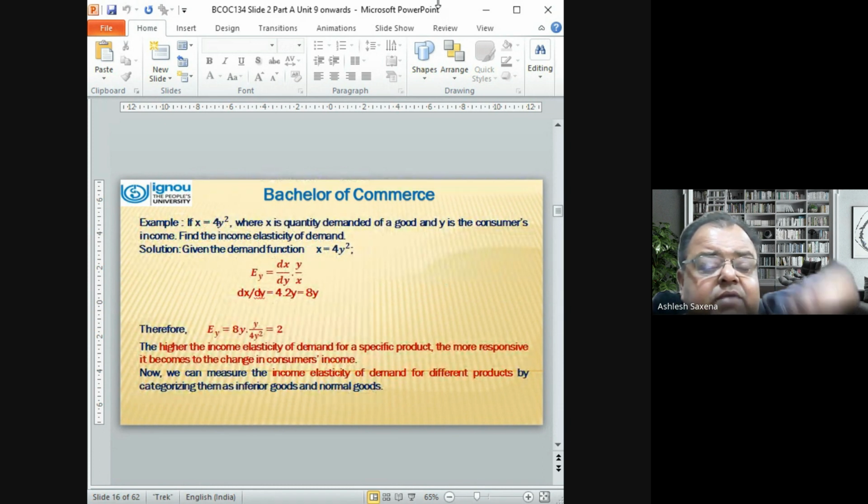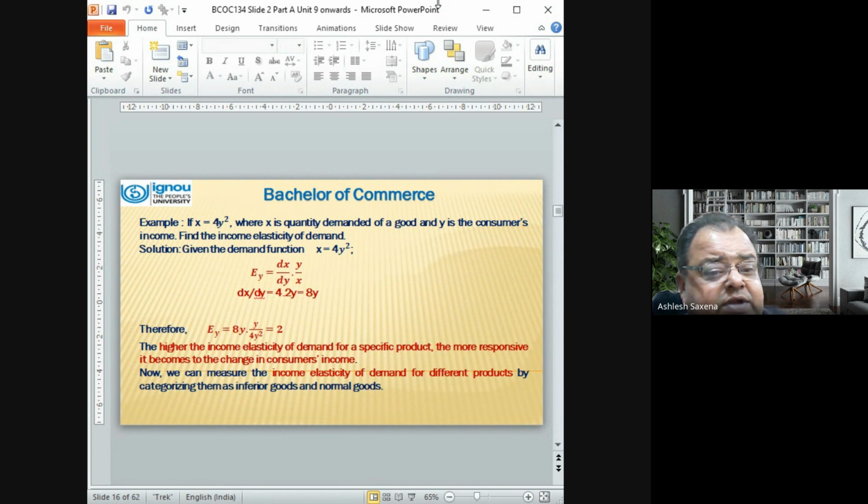Now we see: x is equal to 4y square, where x is the quantity demanded of a good and y is the consumer's income. Find the income elasticity of demand. The function is x equal to 4y square, differentiated.